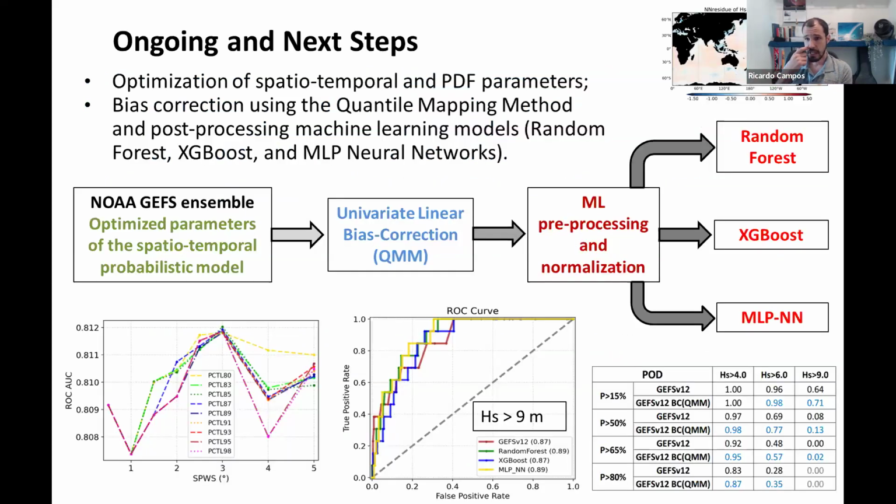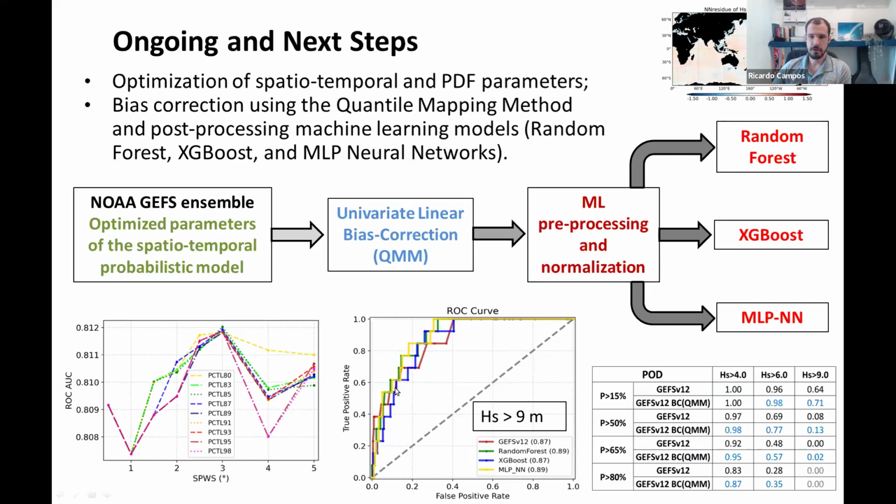And ongoing next steps, we're working on machine learning tools to bias correct the model first, and also to develop these nonlinear multivariate statistical models, working in the probabilistic domain. So for the first time, we're developing this in the probabilistic domain, focused on week 2.